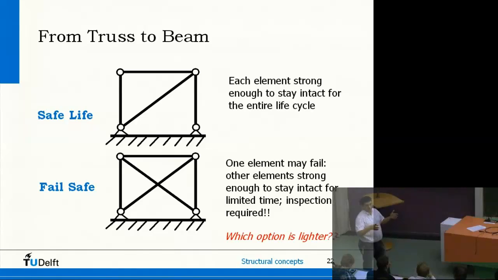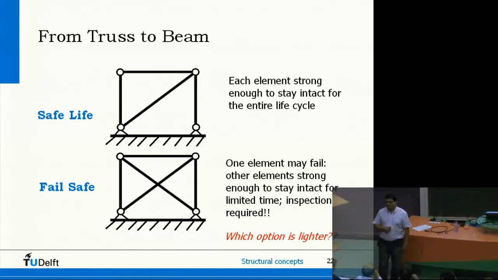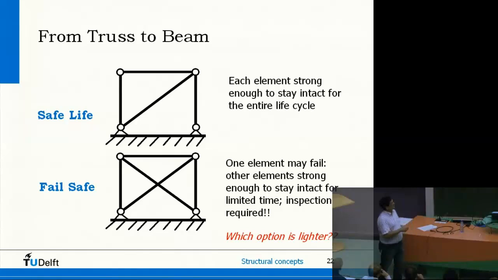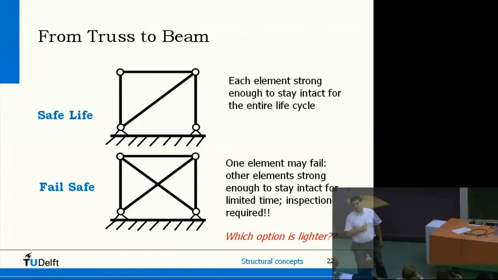So when I frequently inspect, I can discover one of these elements if it has failed, and I can replace it with a new one. So usually fail-safe comes with some inspection intervals. But if I do it like that, then these individual elements can be lighter than in this case. My safety factors here are higher than in this case. So although I do have one element more in this case, the system as a whole can be lighter.